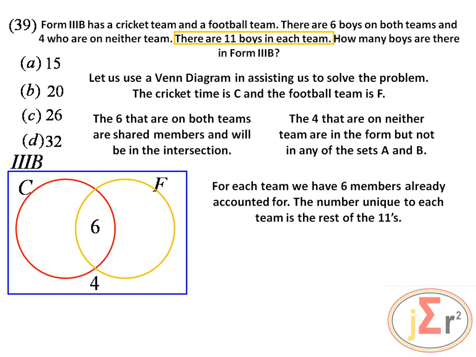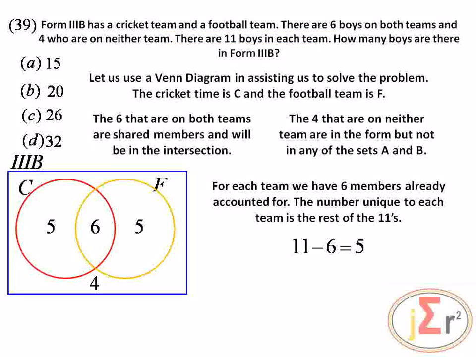The number unique to each team is the rest of the 11s. So we have 11 on either team, but we have 6 right here, shared between 2 teams. Therefore, we will have the rest of 11 in C only and F only. So 11 minus 6 is equal to 5, and we'll have 5 there and there.